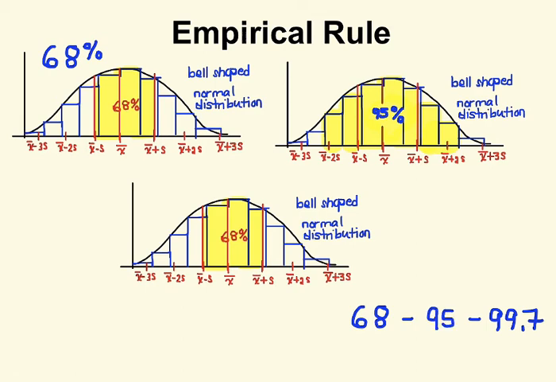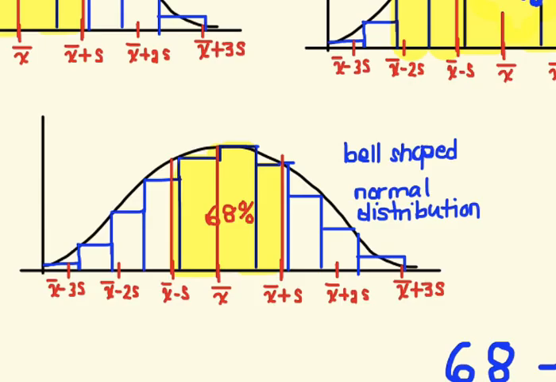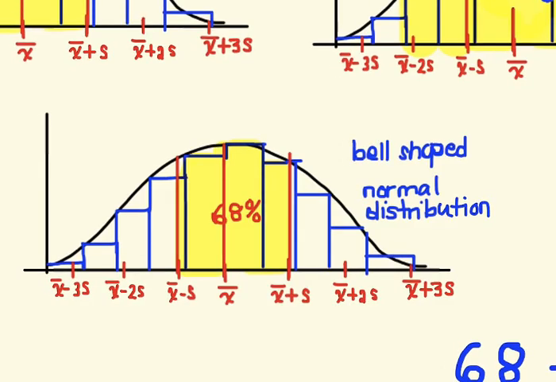Paste. There's the 95%. And then finally, the last case, I'm going to get rid of the 68 because it's not going to be 68. Because in this last case, let me erase the 68.